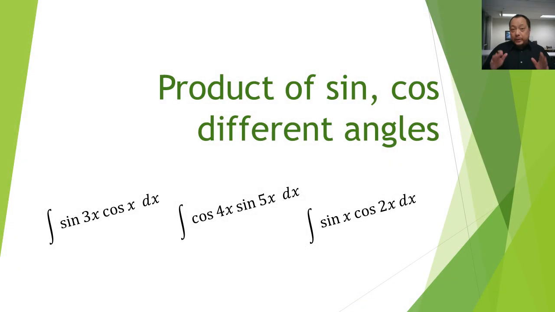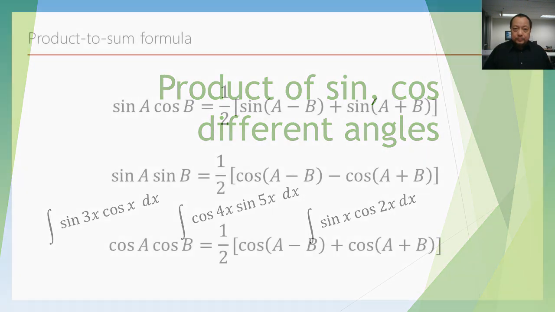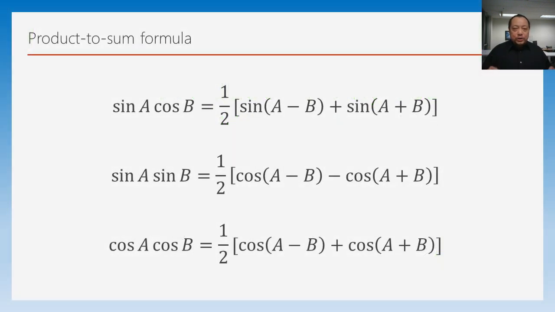All right, you may have noticed that in all the previous examples, the sine and the cosine are of the same angle. What if they are not the same angle? In that case, we use these formulas. These are called the product to sum formulas, and they come from the sum of angles and difference of angles formula for sine and cosine.